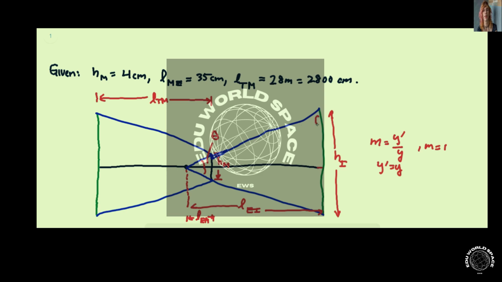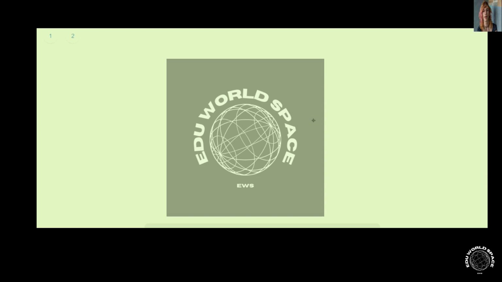that we understand that this height is half of the image height, and this height here of this black line will be half of the mirror height. So I have these triangles, which I'll just draw all in black.